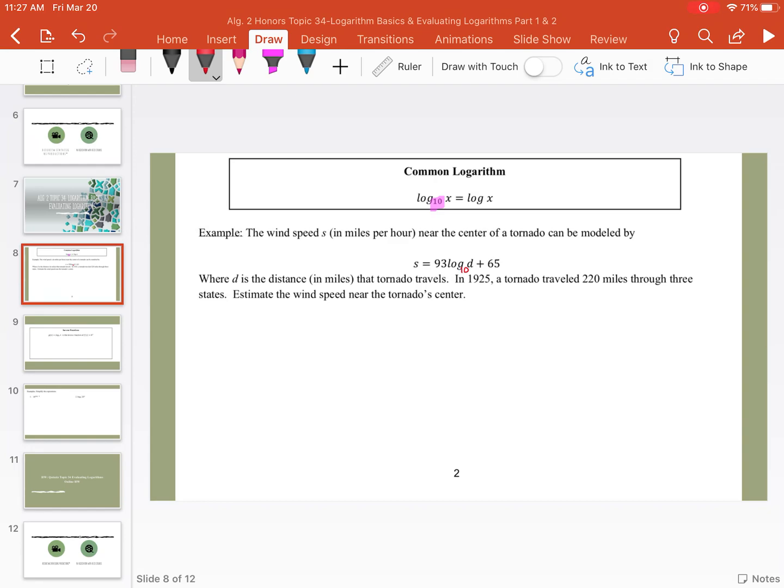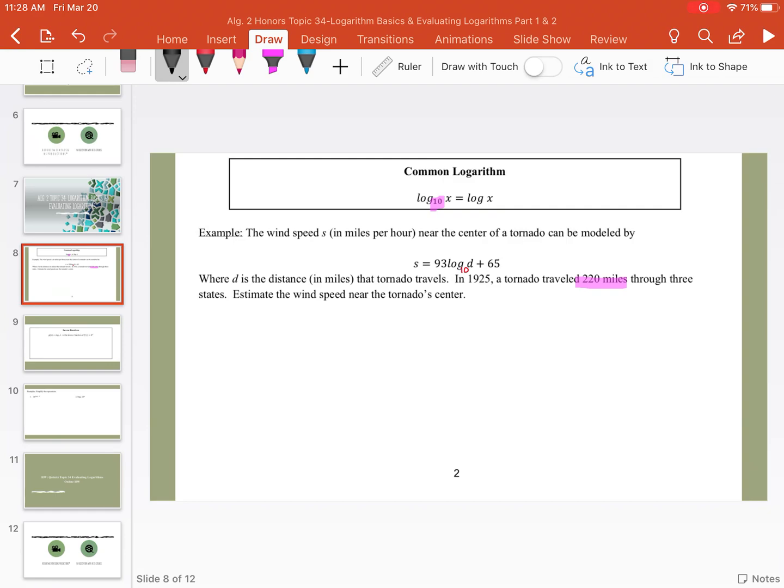In 1925, a tornado traveled 220 miles through 3 states. Holy cow. We're going to estimate the wind speed near the center of the tornado. So we want to determine what S is. We are given the distance right here in our problem, 220 miles.